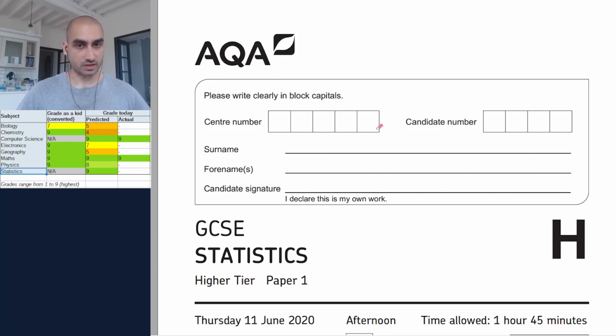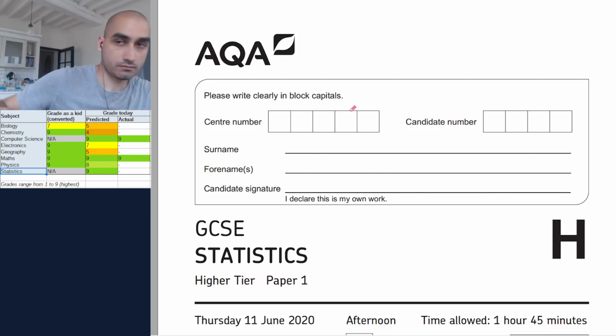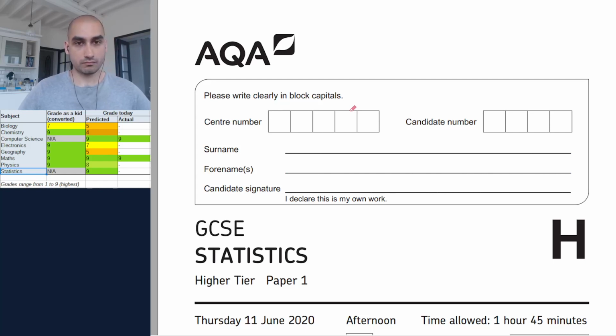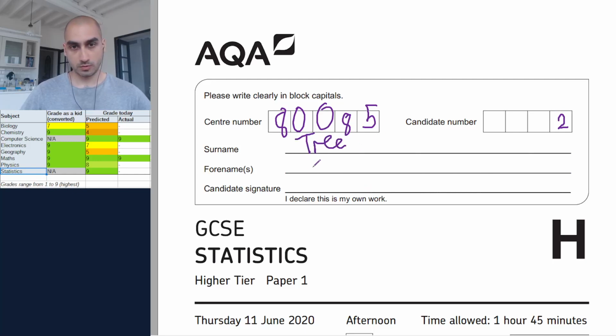So, let's fill in some stuff. Okay, we need a pencil. There we go. All right, what was it? It was 80085. Candidate number 2. No particular reason. Has the size changed? No, it's the same as before.